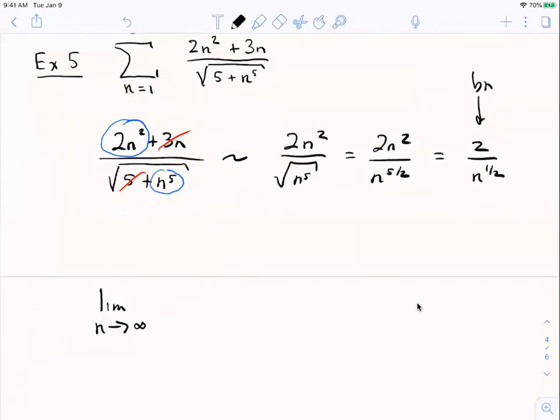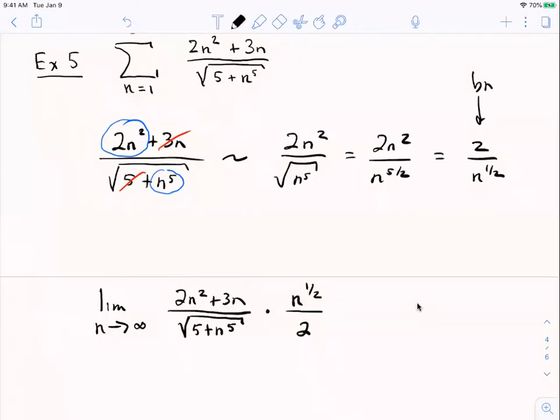So that means I need to take my 2n squared plus 3n over the square root of 5 plus n to the 5th and divide it by those bn's. I'm a little lazy here, I'm going to multiply it by the reciprocal.